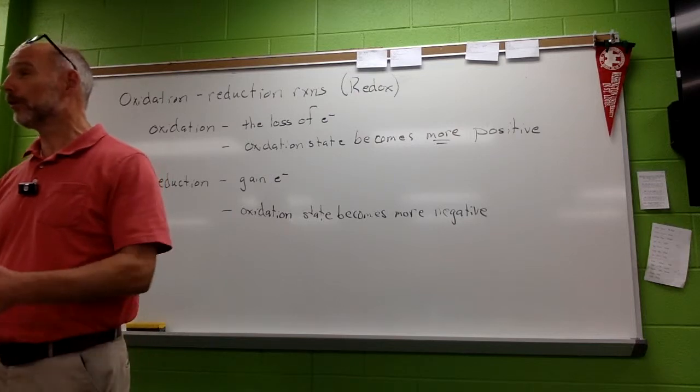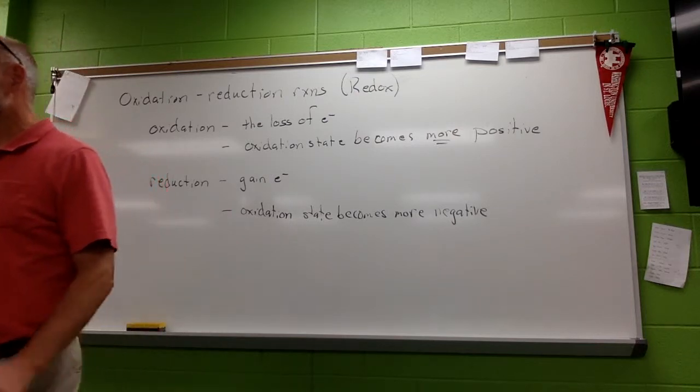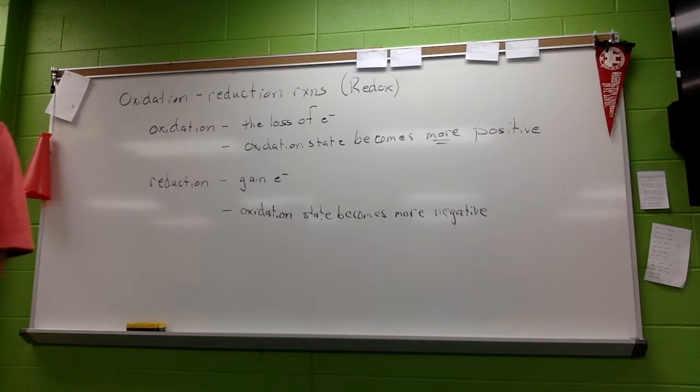I understand that, but I'm using your question to remind everyone: what happens to the size of the elements as you go across the periodic table? They get smaller. Why is that? I just got done giving you the answer. More protons. Remember, all the electrons are in the same energy levels as you go across the period. The only thing that changes is the number of protons. Back to Coulomb's law, greater number of protons, greater force of attraction, smaller. No. There's more protons.